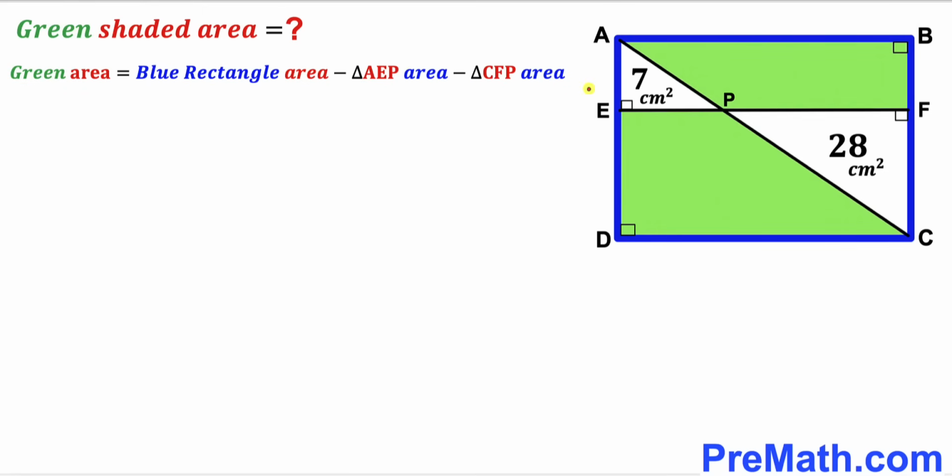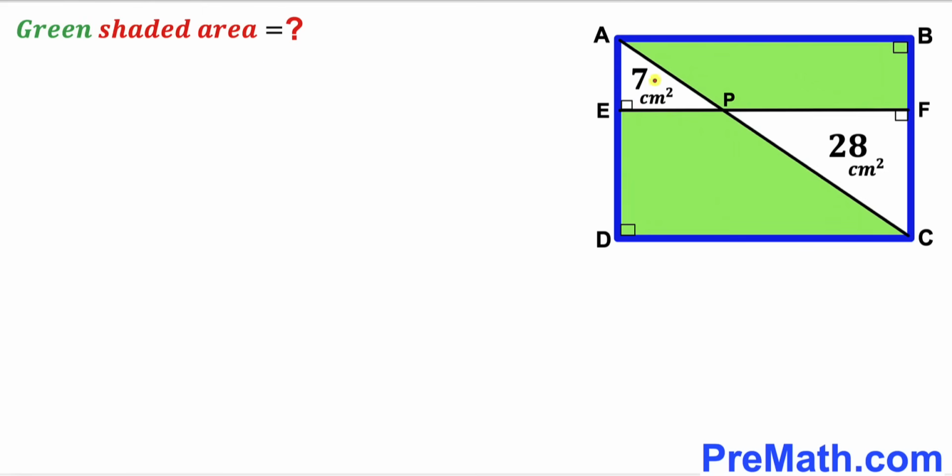We know the area of triangle AEP is 7 cm² and the area of triangle CFP is 28 cm². So our only task is to calculate the area of the blue rectangle ABCD.